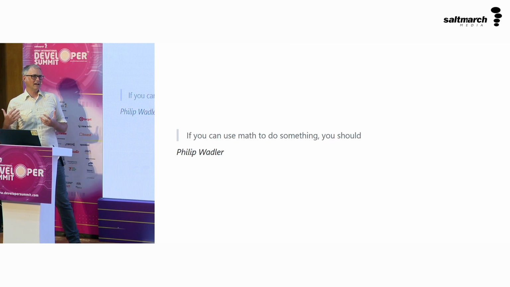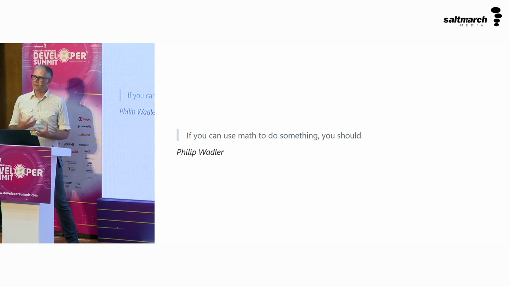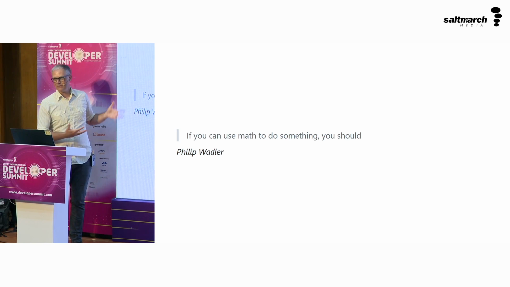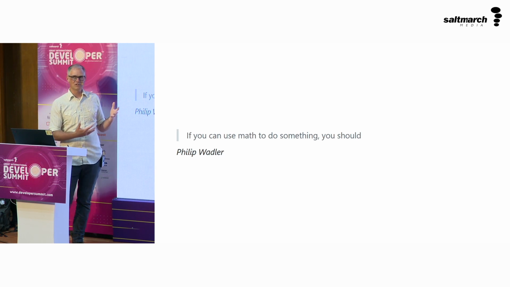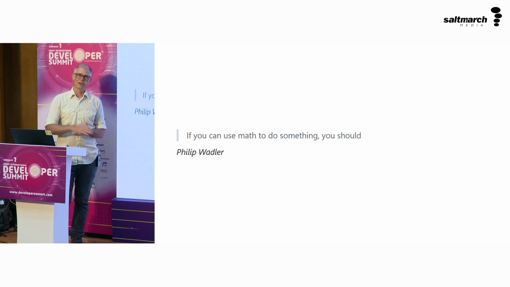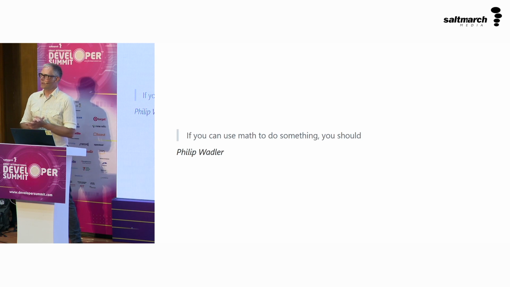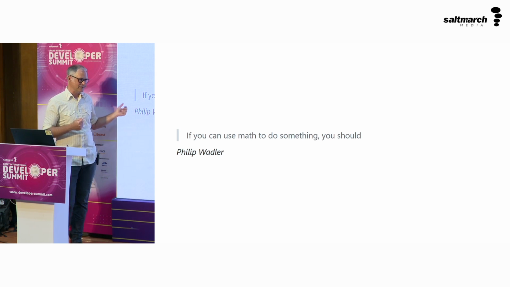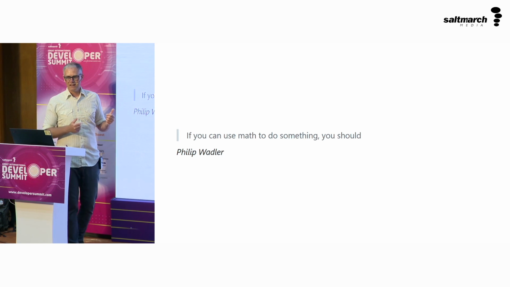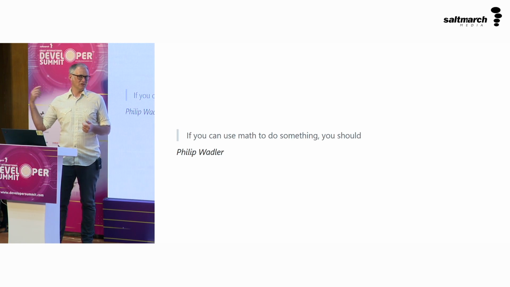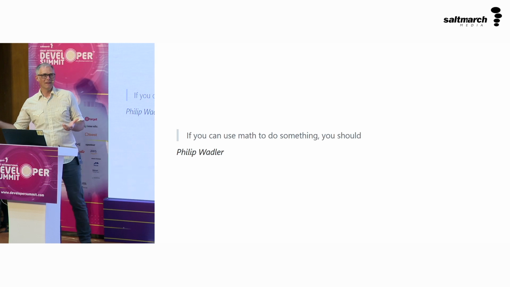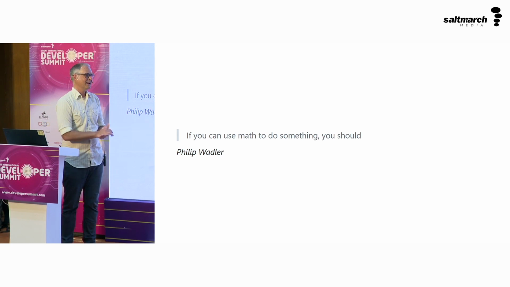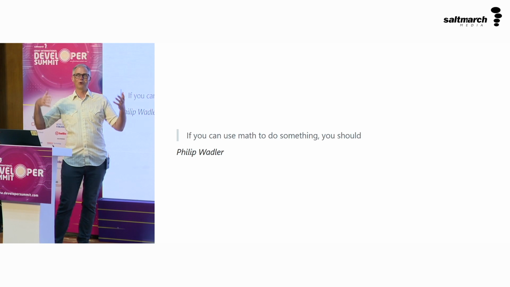One of the things that I think is really at the heart of functional programming for me is, okay, we've got these things, object-oriented programming can solve these problems. Why functional though? Why is that a better approach? For me, I think Philip Wadler explains this really well when he says, if you can use math to do something, you should. And there are some great benefits that we get by using math. Functions come out of the world of math.